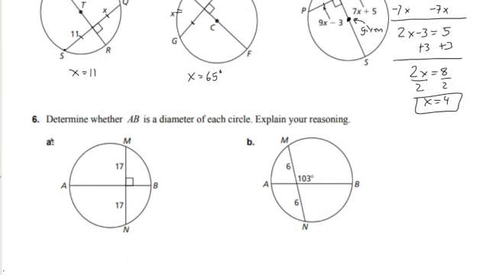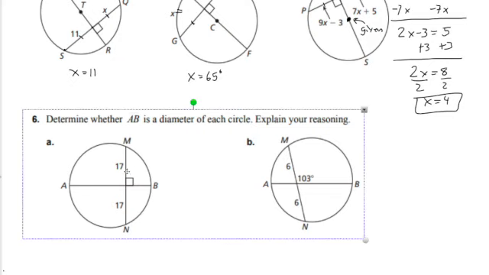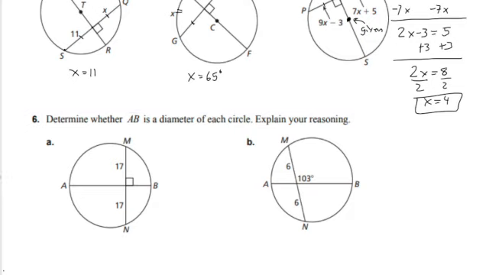Okay, let's take a look at the next question. It just says, determine whether the segment AB is a diameter of each circle. Explain your reasoning. So in this first case, we're trying to determine if AB is a diameter. In other words, does it pass through the center of the circle? Well, let's see how we would conclude that. First of all, we have to notice that this segment right here is congruent to the other segment that also says 17.